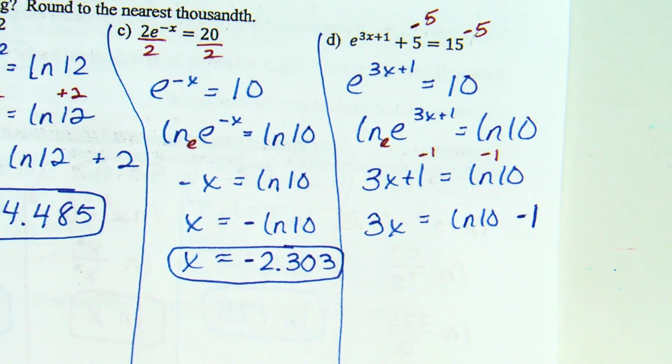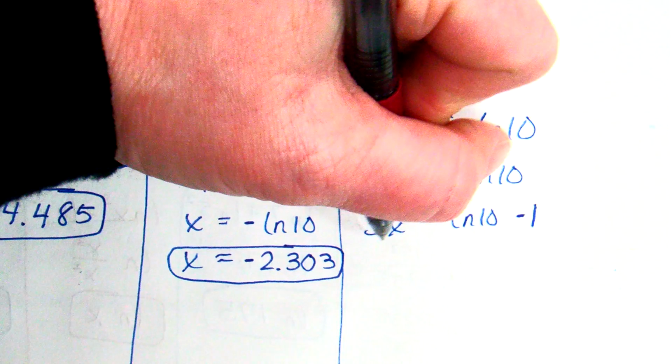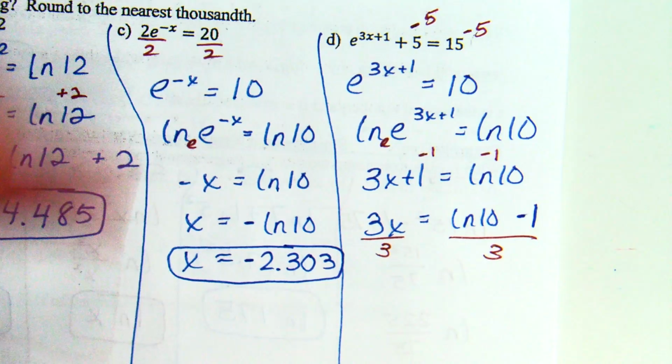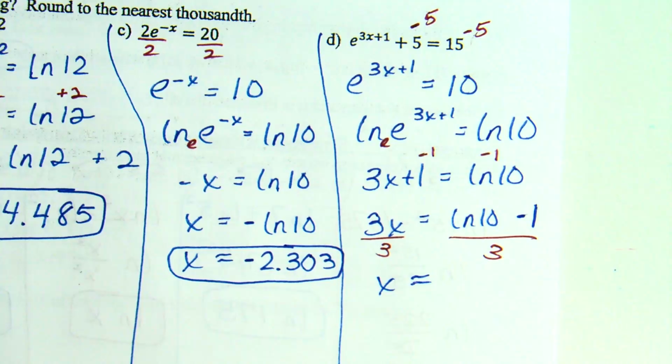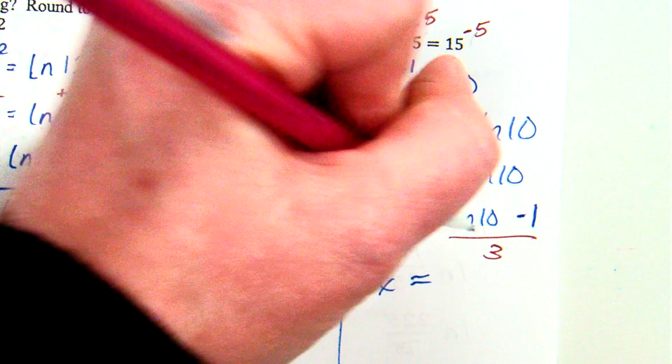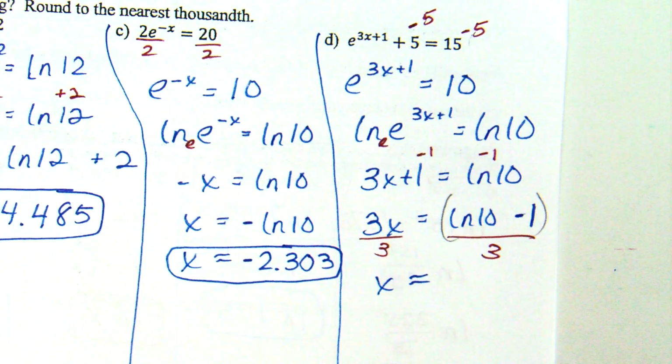And then, since it's 3 times x, divide all of that by 3. Now, when you do this on your calculator, honestly, it's probably best to just do this in pieces, right? Natural log of 10, then minus 1, then divide by 3. If you want to enter it all at once on your calculator, you've got to put parentheses around that numerator.